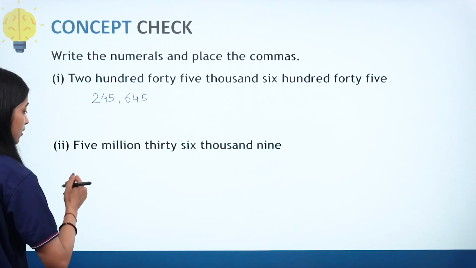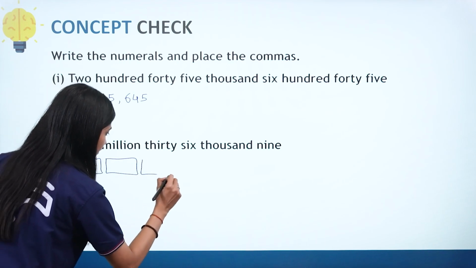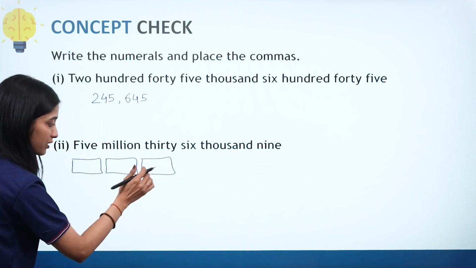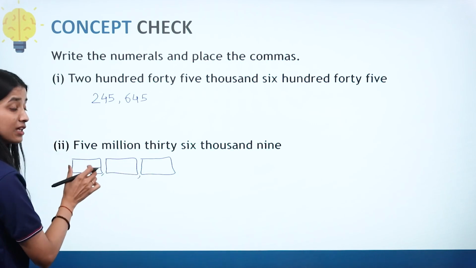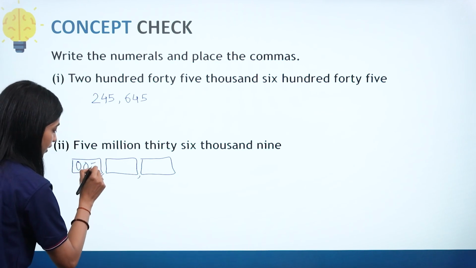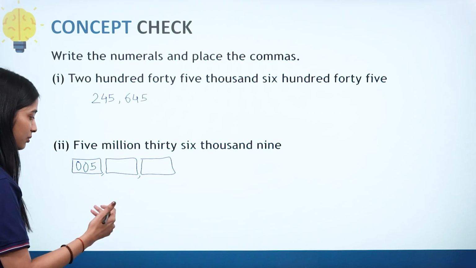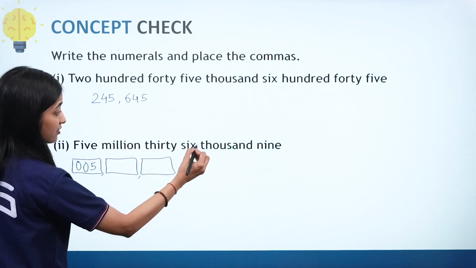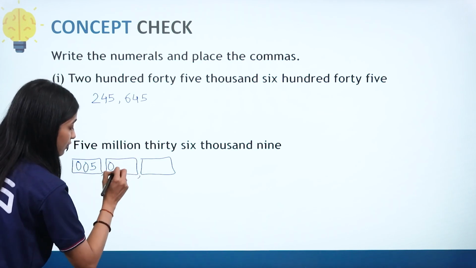Next number is 5,036,009. We know that we have groups of three digits. Here we write the number present in the ones period, then the thousands period, and then the million period. So 5 million means we are taking 005, only 5 million, not 10 million or 100 million. Then for 36,000, for 100,000 we don't take anything, so 0.